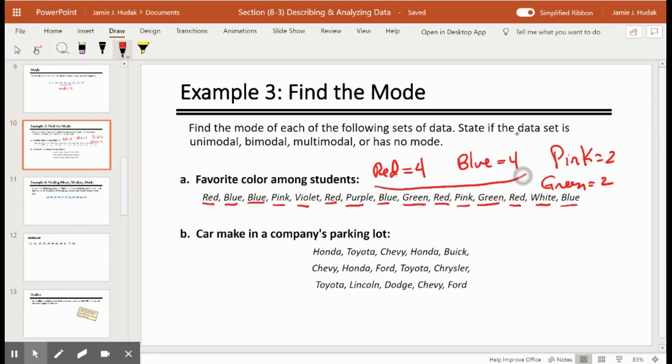We see that this example has 2 modes, and it says to state whether it is unimodal, bimodal, multimodal, or has no mode. We see that this is a bimodal example. We have 2 pieces of data that show up an equal number of times, that is more than any other.